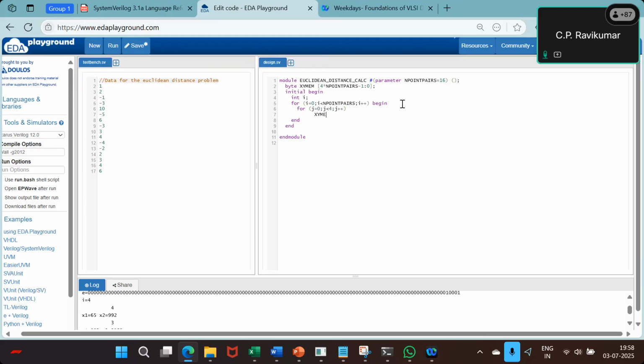X, Y, mem. So this should be signed. What should I write here? Anybody knows what is this index?